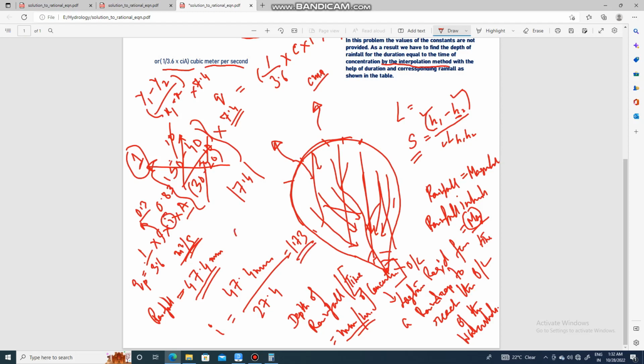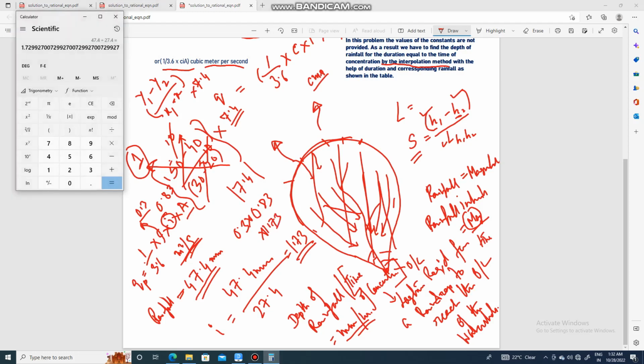So if you multiply 0.3 into 0.83 into 1.73, it becomes 0.249.